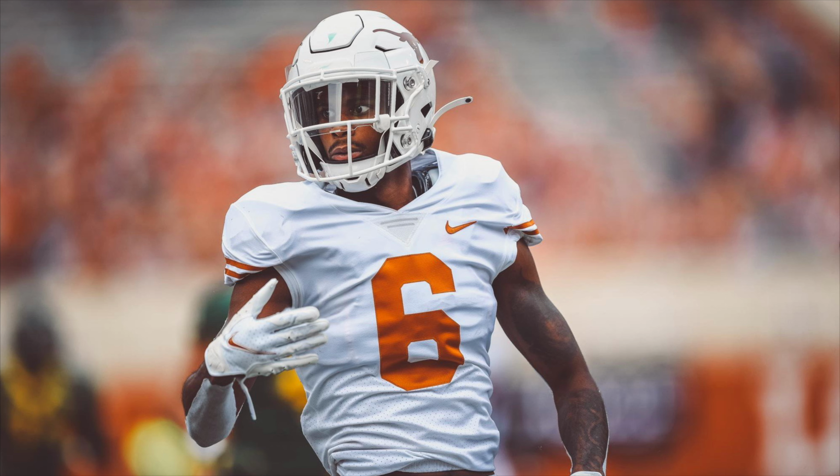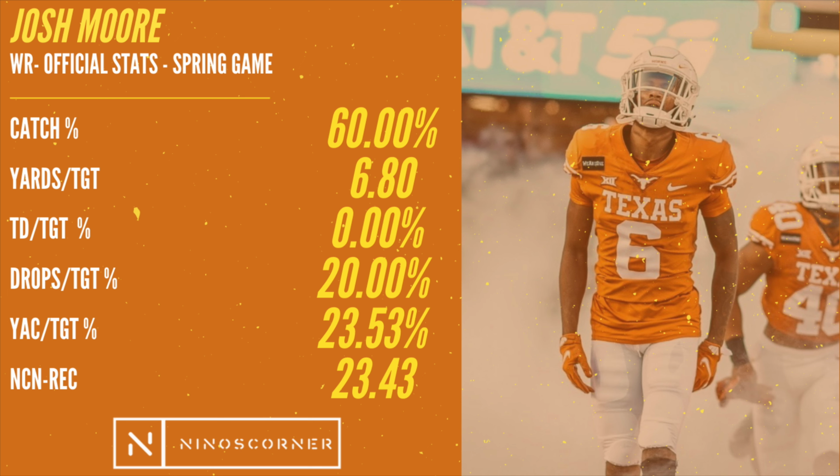But Josh Moore, 23.43 NCN receiving, 5 targets, 3 receptions, 60% catch percentage, 34 yards, 6.8 yards per target, 11.33 yards per reception, guys. He also had 8 yards of YAC, equating to 23.53% of his total yards. He had 1 drop also. So his drops per target is 20% and drops per reception 33.33%, guys.